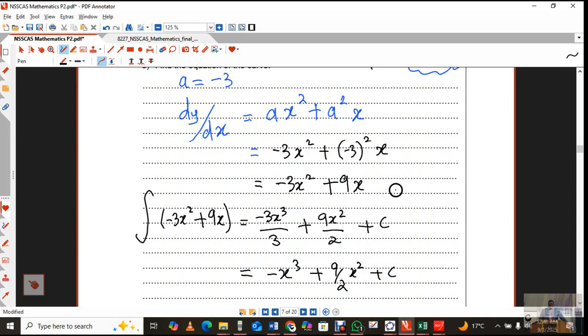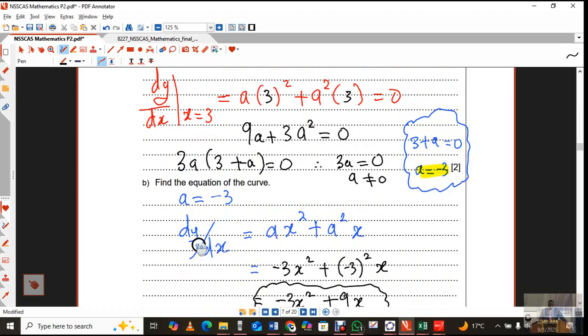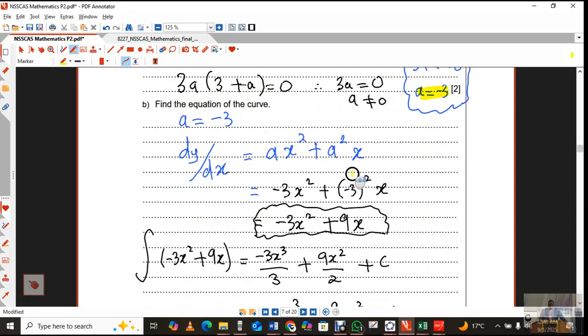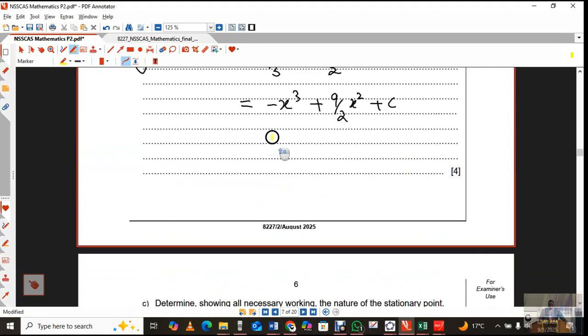Another thing I'm noticing is they're asking us to find the equation. We're given a point right from the beginning, and that point is right over here. That is the point (3, 9.5). I'm going to bring that point here, because that's a point on the curve.